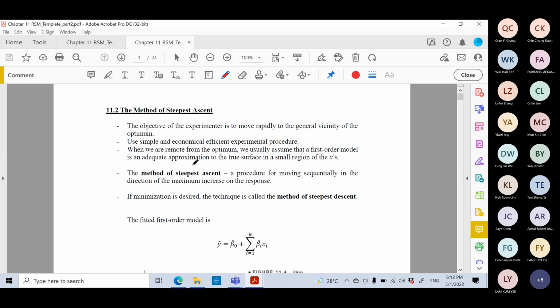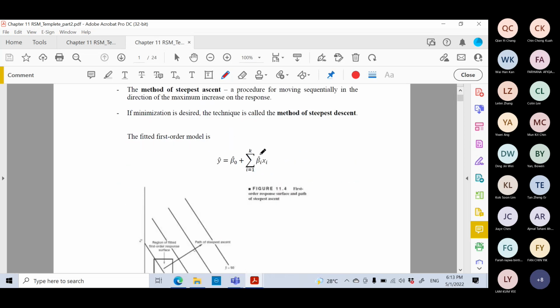The method of steepest ascent is a procedure of moving sequentially in the direction of the maximum increase of the response. So if you are looking for the maximum, then you go for steepest ascent. Whereas if the minimum is desirable, then the technique is called the method of steepest descent.